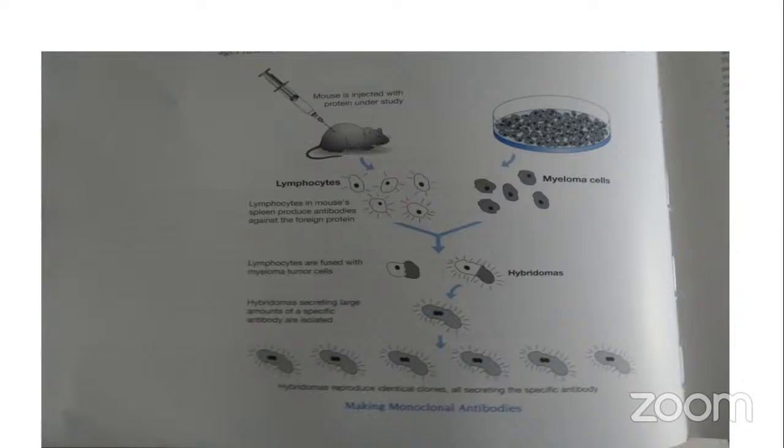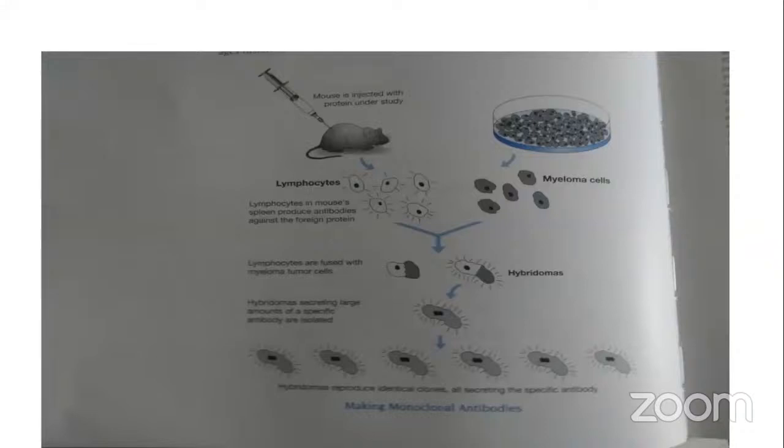However, we can now use chemicals like polyethylene glycol, and this is what Caesar Milstein did in 1975 to produce monoclonal antibodies. Here, mouse myeloma cells are fused with the splenocytes from the immunized mouse, and you get a lot of fused cells or individual unfused cells.